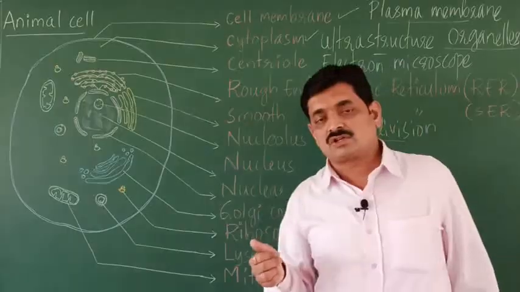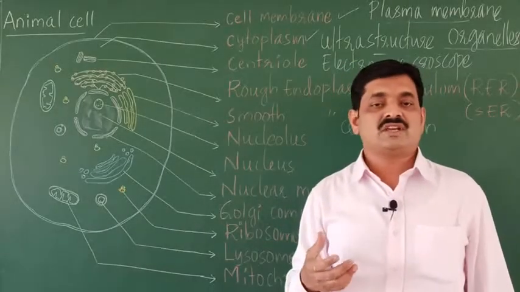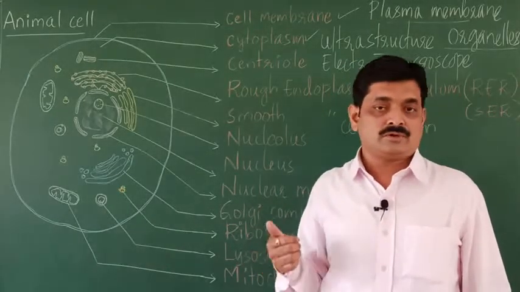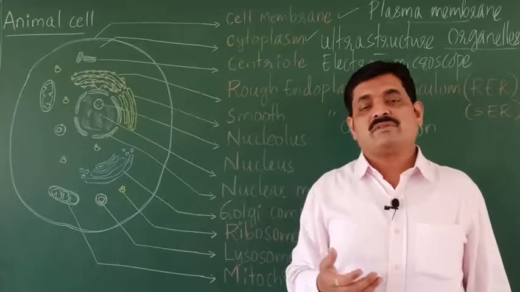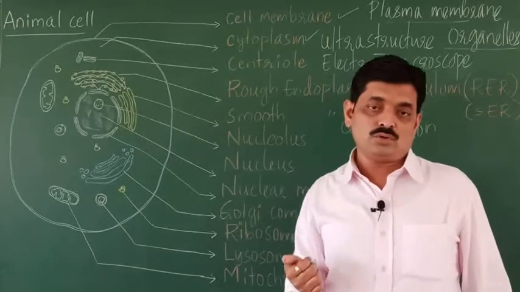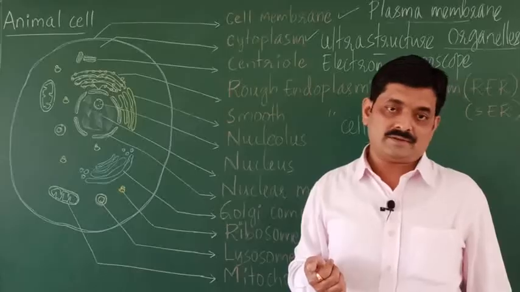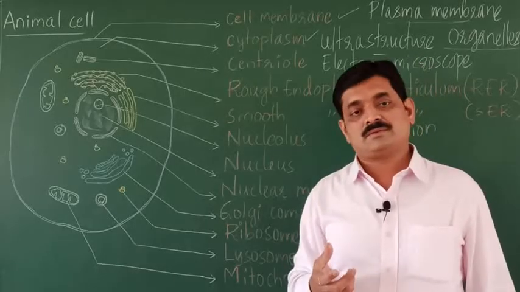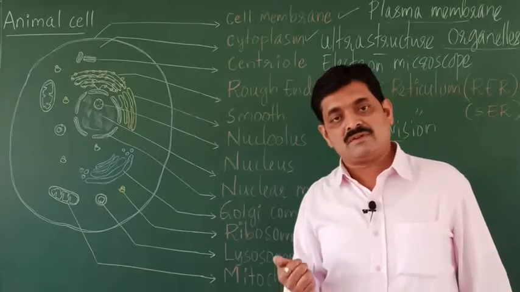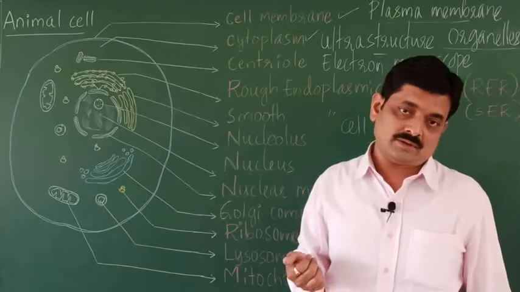What is such a nucleus called? A nucleus which has a nuclear membrane is called a true nucleus, right? So a true nucleus is a nucleus which has a nuclear membrane.